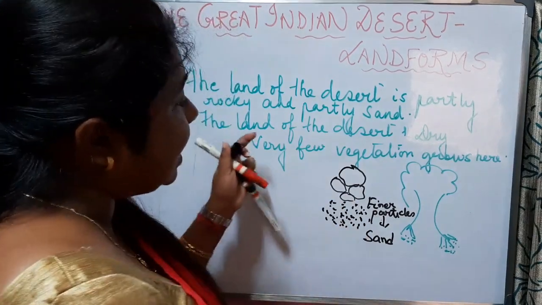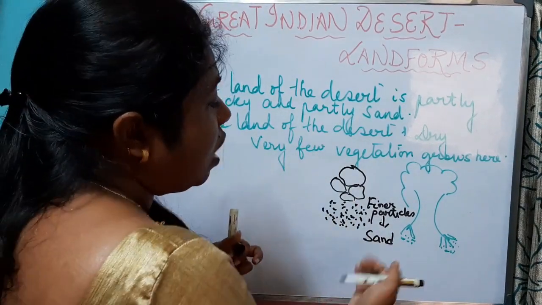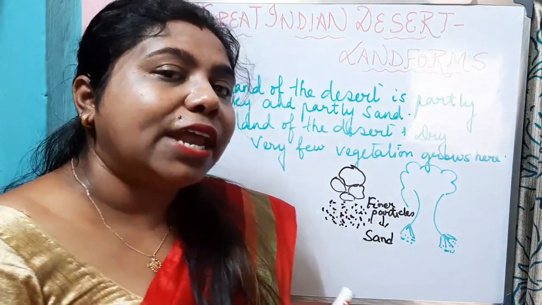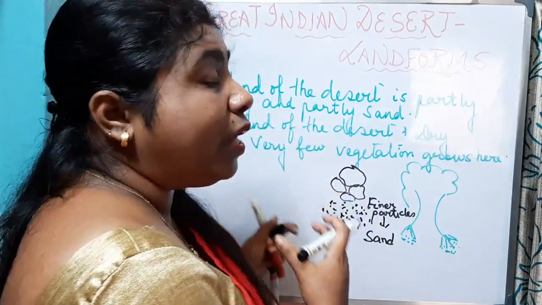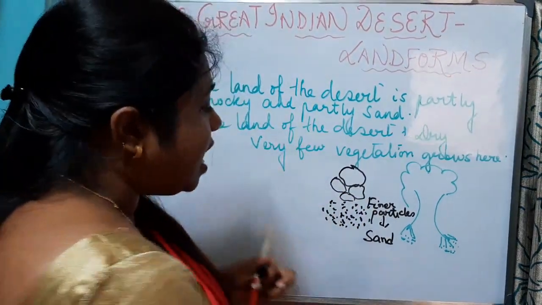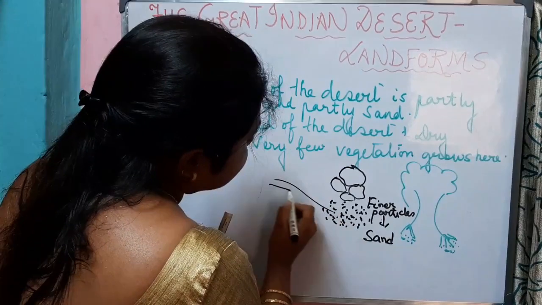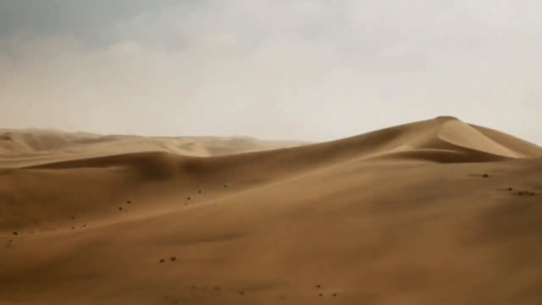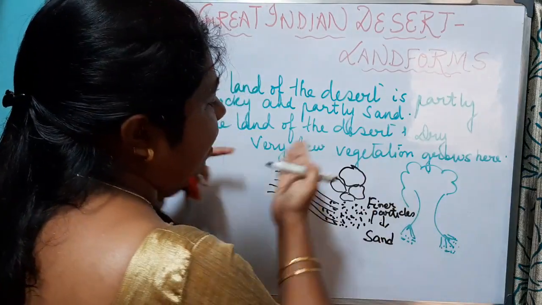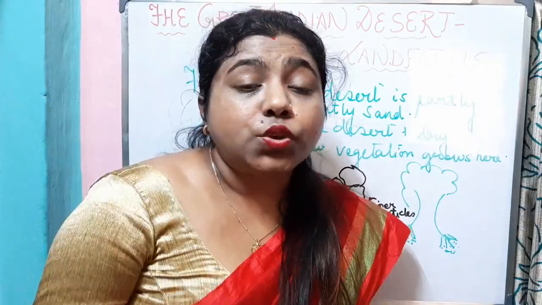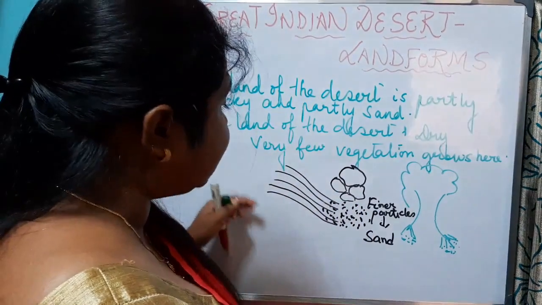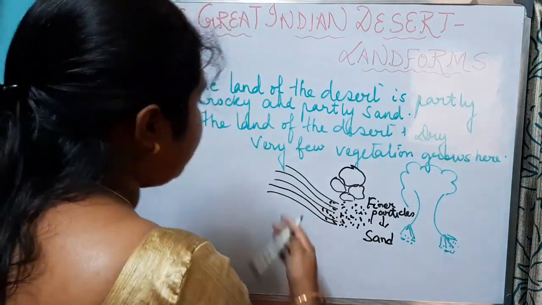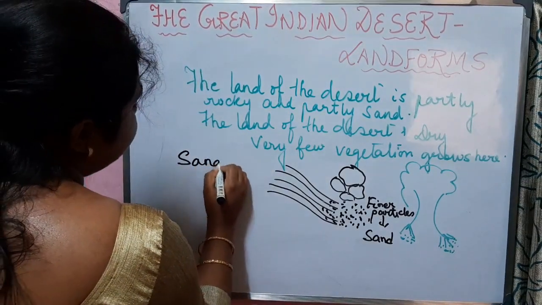Now, as there is less vegetation, the vegetation cannot hold the soil, right? So as they cannot hold the soil, what will happen? When the wind blows very fast, it will carry away the sand along with it, because the sand is lighter in weight. So in the deserts, the blowing of wind leads to the formation of sand dunes.